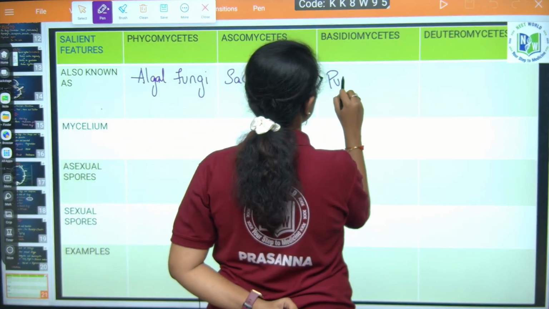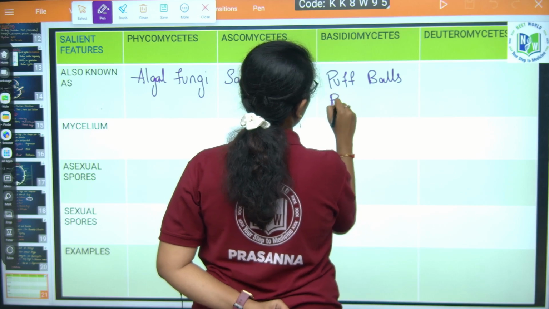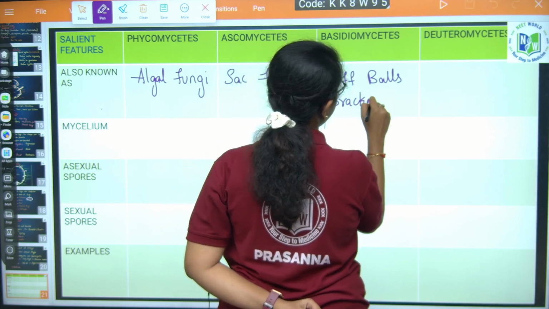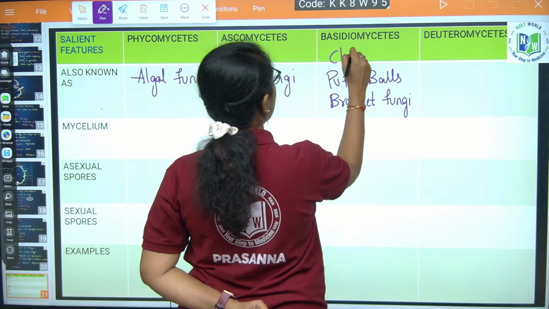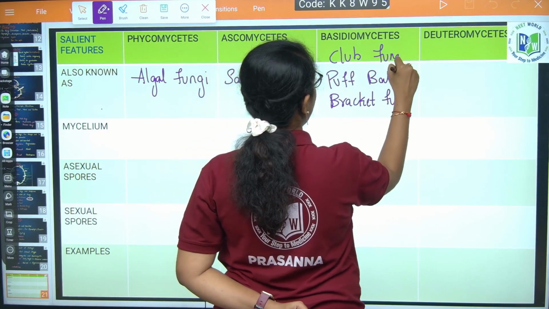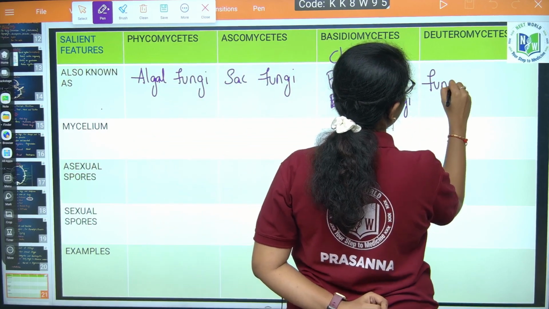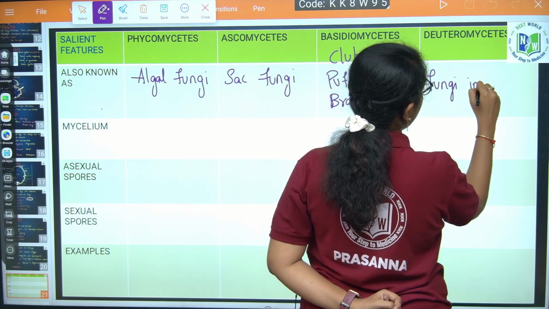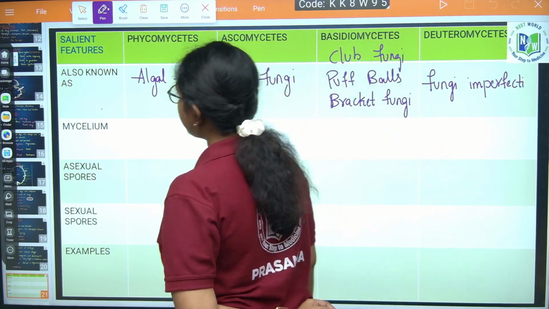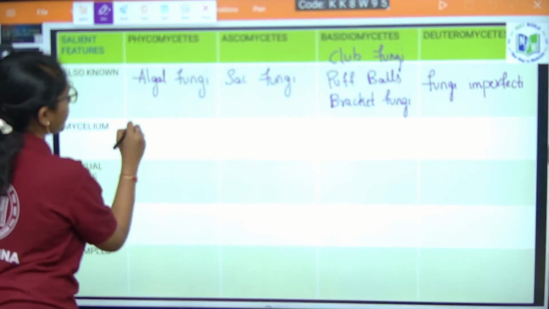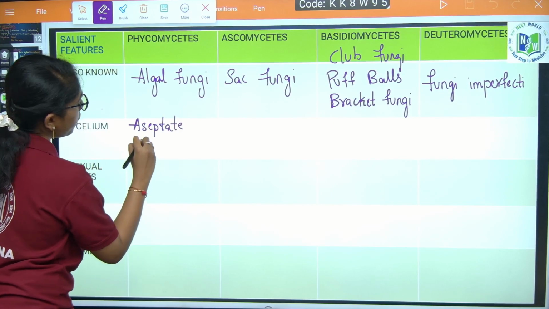Basidiomycetes: puff balls, bracket fungi, or club fungi. Okay. Deuteromycetes: fungi imperfecti. Next, mycelium is aseptate and branched in Phycomycetes.